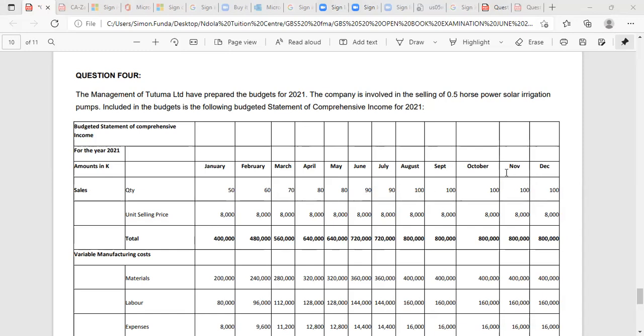When we add these figures, we'll be able to get 1,020. Okay, so let's go back to the whiteboard.